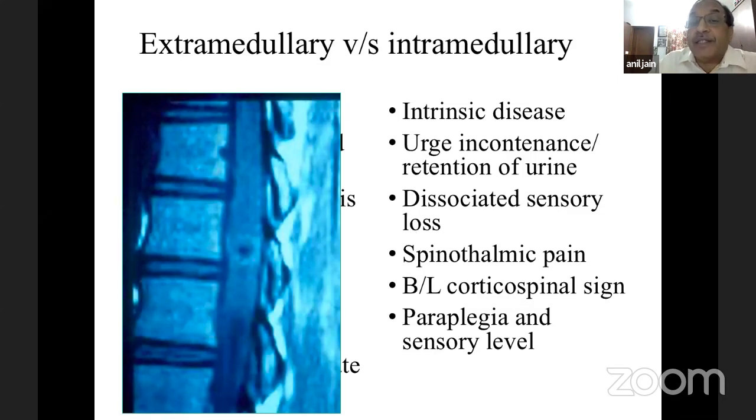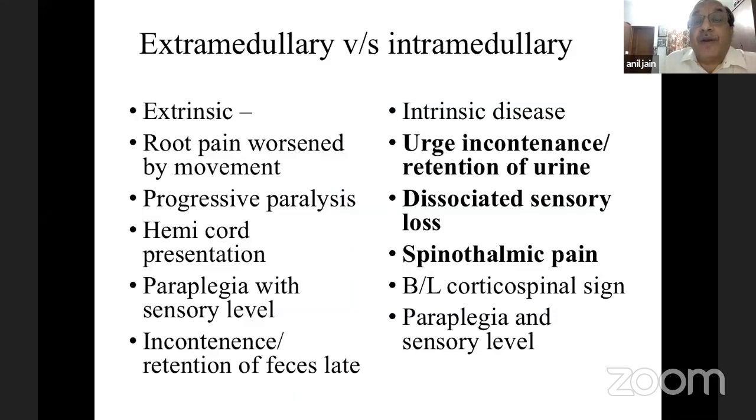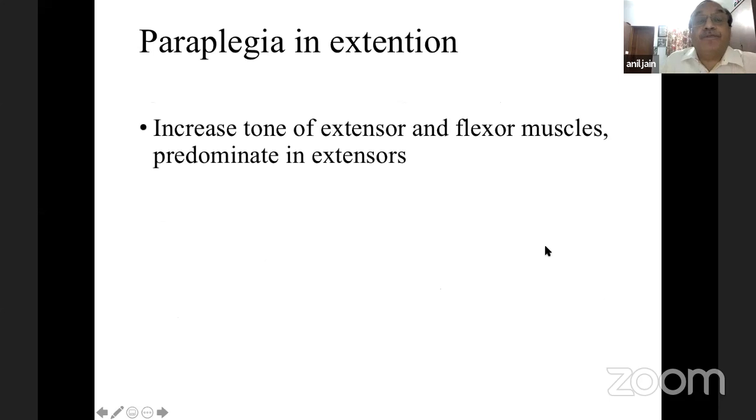So you may find some sensations are preserved while some sensations are affected. They generally have spinothalamic pain of a spinal nature, and early bladder involvement. That's how we differentiate intramedullary from extramedullary. Involvement of bladder, dissociated sensory loss, and spinothalamic pain are the features of intramedullary lesions.